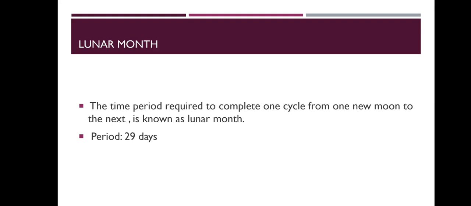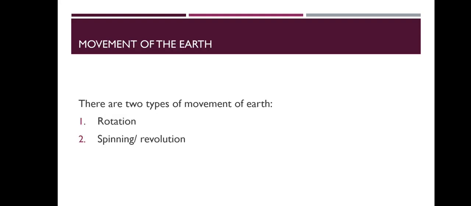Next is movement of earth. There are two types of movement of earth. Earth shows two movements. One is revolution, which means it is moving around the sun. Second is spinning or rotation, that it is rotating on its own axis.